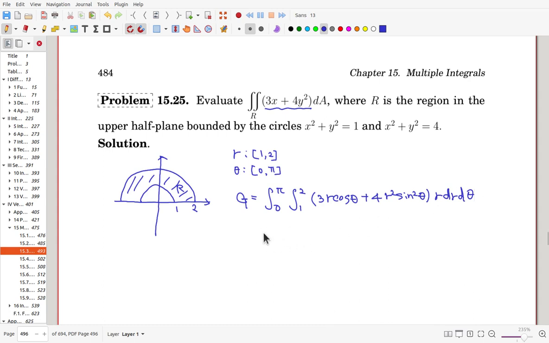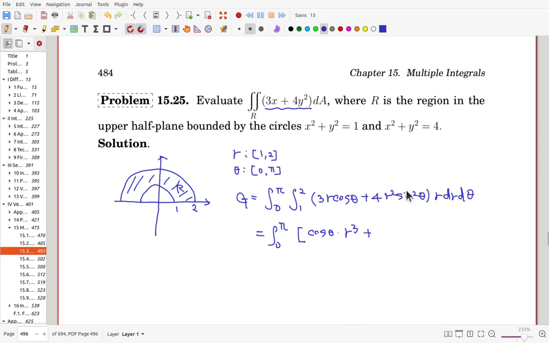Okay. Now, from 0 to pi, we focus on the inner integral. If r is multiplied here, then that is 3 r squared, and cosine theta can be considered as a constant. So the antiderivative of that one is cosine theta, and then 3 r squared, whose antiderivative in the r direction is r cubed, right?